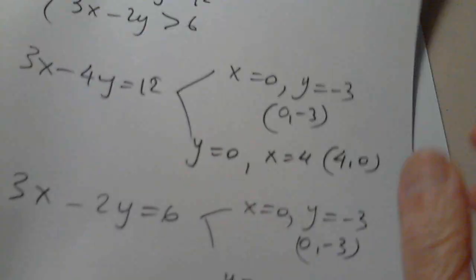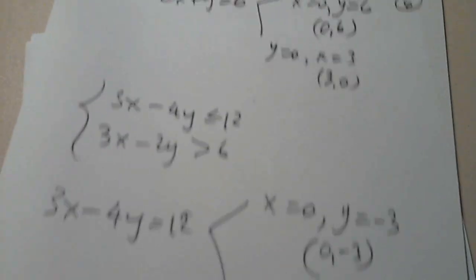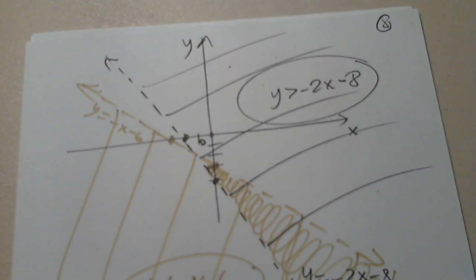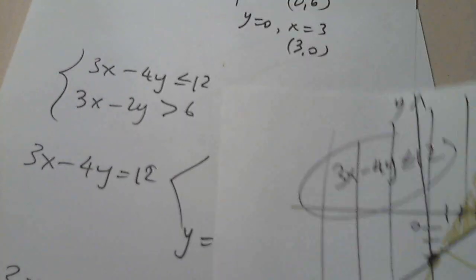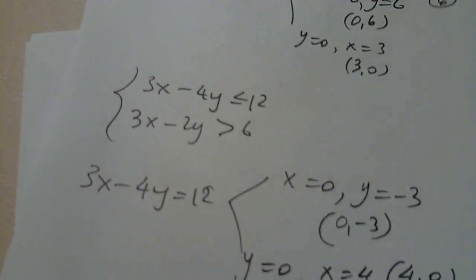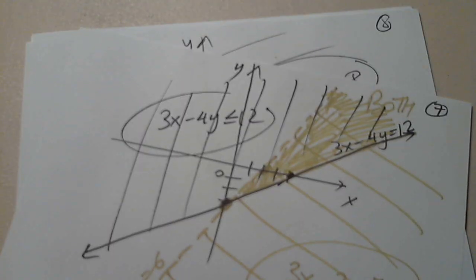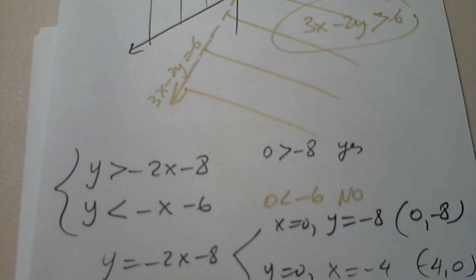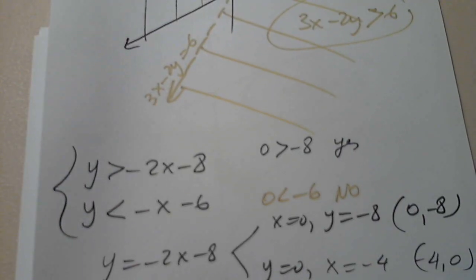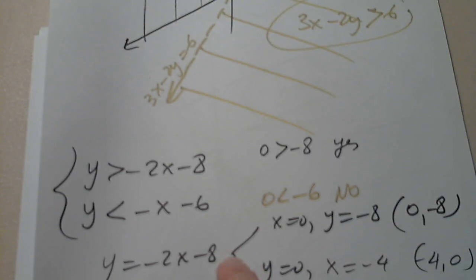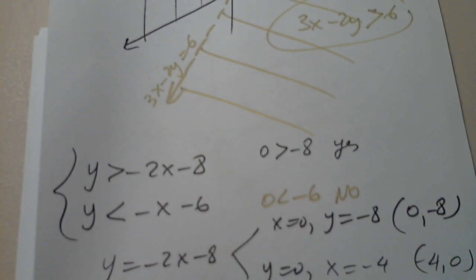But I prepared the points already for the second equation. I should not have. I should have waited to graph the equation, graph the inequality, and then look at the second equation.